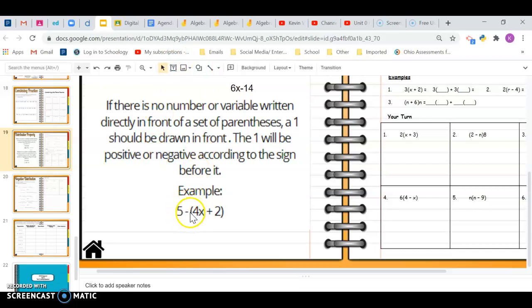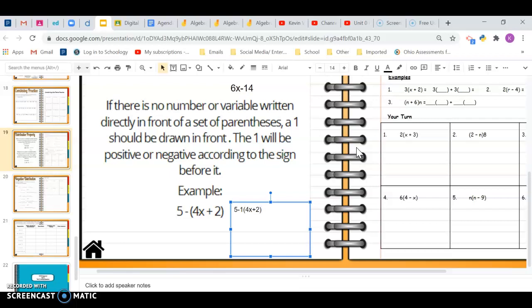So that really means that in front of this, we have an imaginary 1. So what I'm going to do is I'm going to rewrite this with that in mind so that I can do the distribution correct. So 5 is by itself still out there, but in front of the parentheses, we now have a 1. So I have 1, and then inside I still have 4x plus 2.